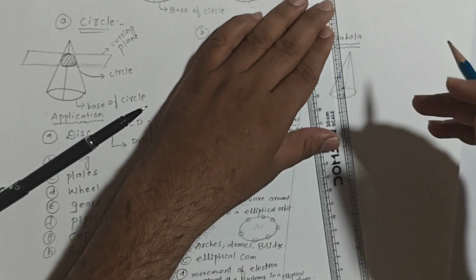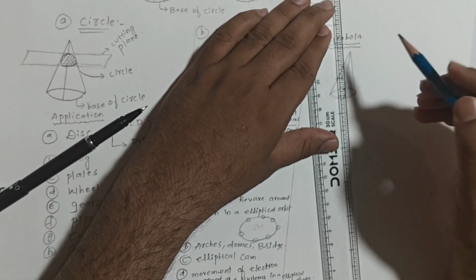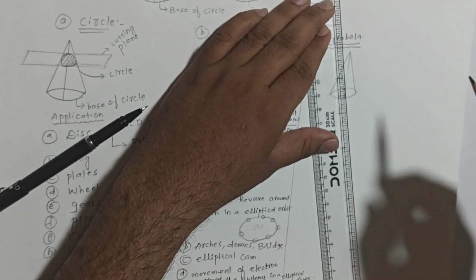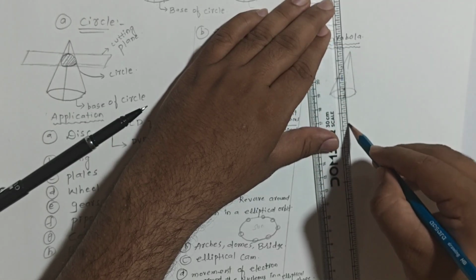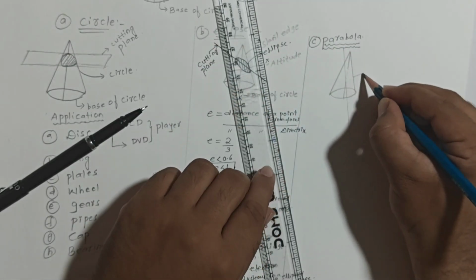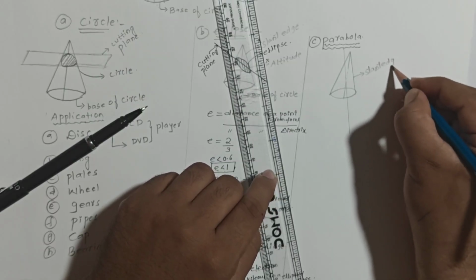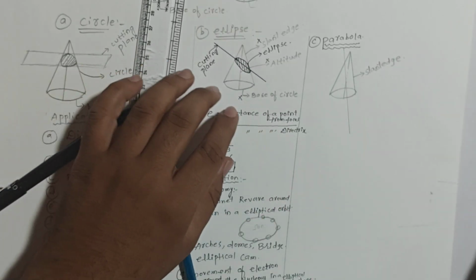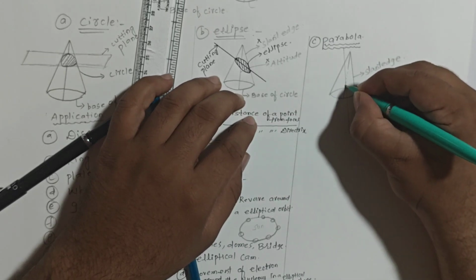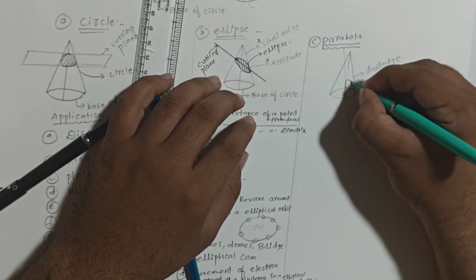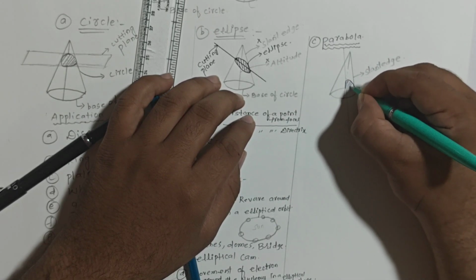Then how to cut this cone? Let us see. We need to cut the cone in such a way that this cutting plane is always parallel to whom? Parallel to the slant edge. Then what will appear on the surface of the cone? We will get the shape of a parabola.